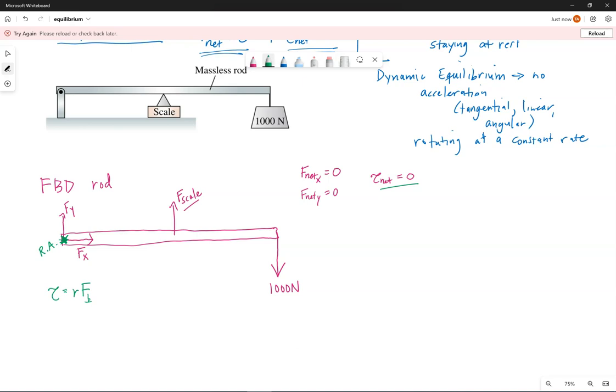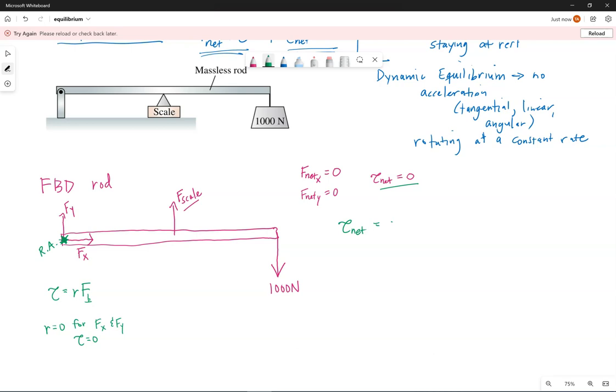Well, if my rotation axis is at the left end, R is 0 for both the Fx and Fy. So neither of those are producing torques. So they will not be in the equation representing the net torque, which is nice. So my equation over on the right, I will write it.